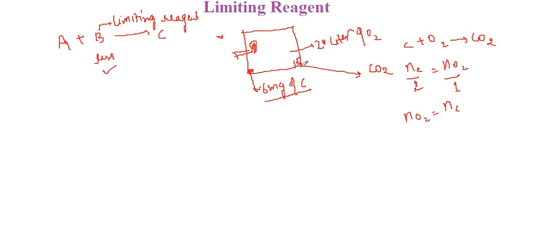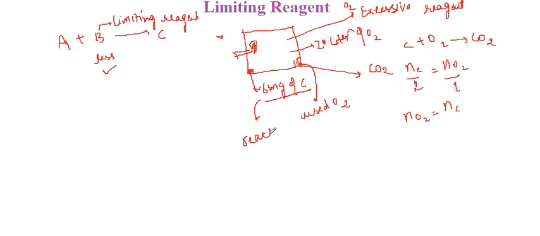That is the used oxygen. The remaining oxygen is known as the excessive reagent. Since one reactant is present in a limiting amount, the reaction will go according to carbon.